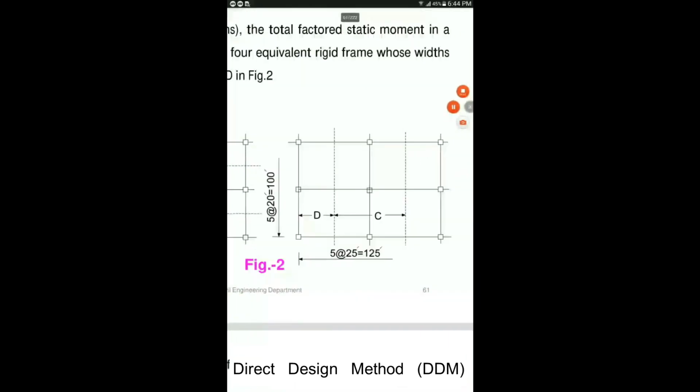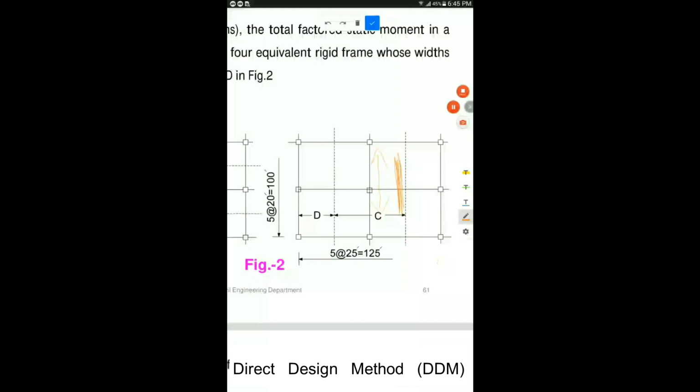See here, now the equivalent rigid frame is running in this direction along y-axis. So all this direction, these are longitudinal, and all perpendicular, these are transverse. So we need to find L2 for this equivalent rigid frame C, which is running along y-axis.